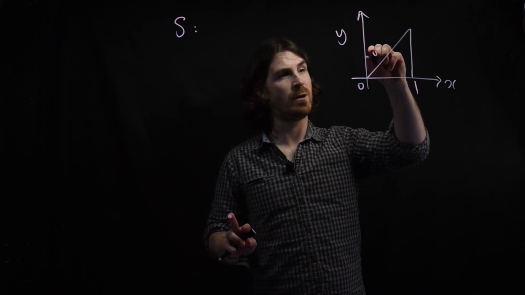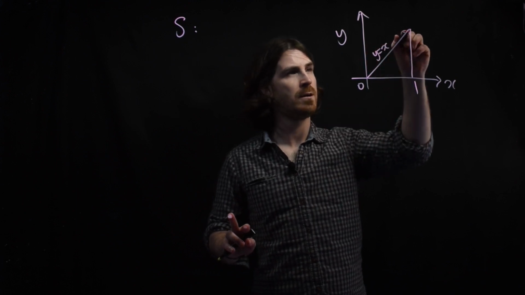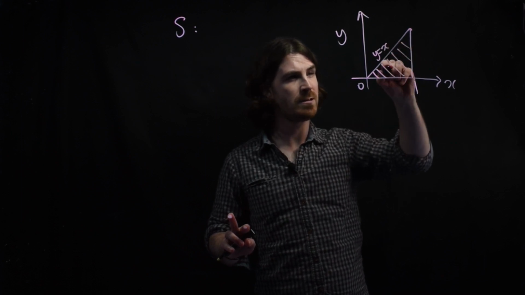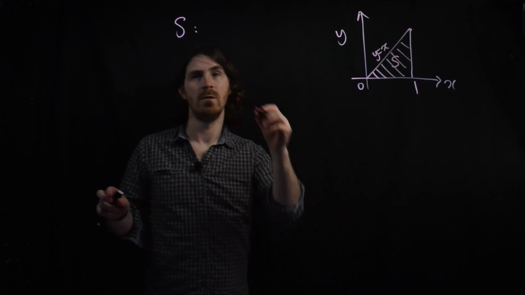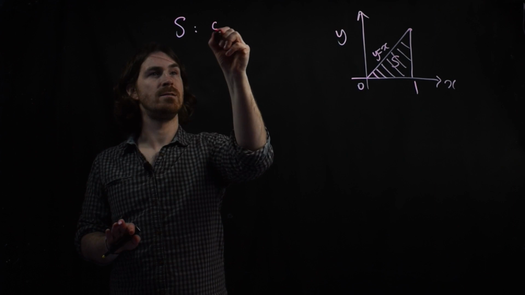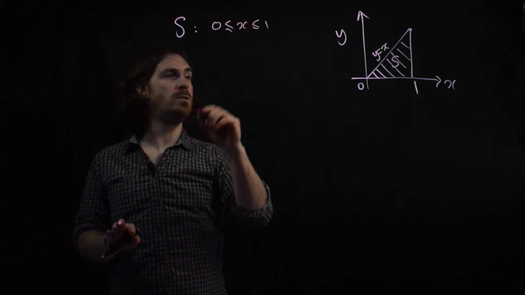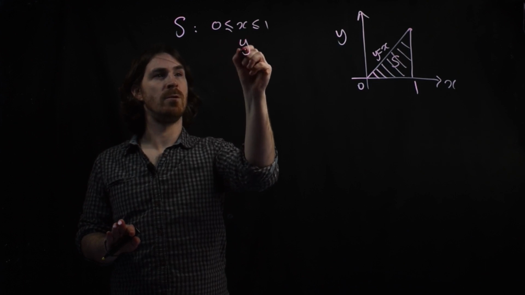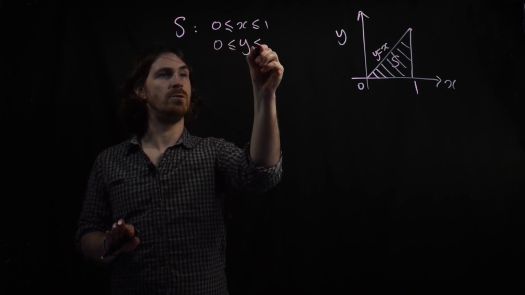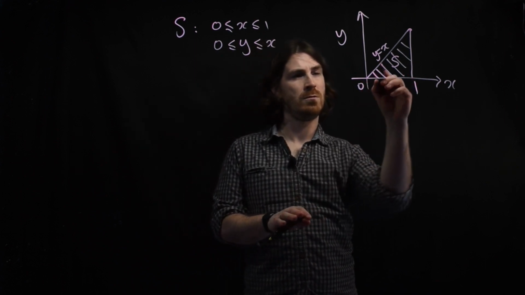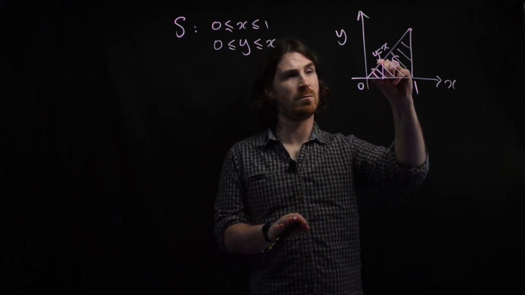And this is the line Y equals X. So this region is our region S. So S is defined by X goes from 0 to 1, but Y goes from 0 up to X.